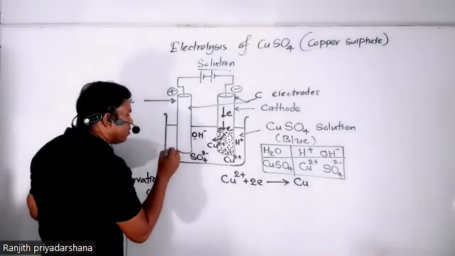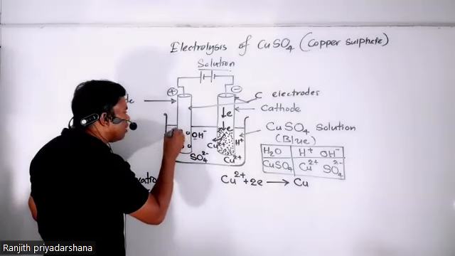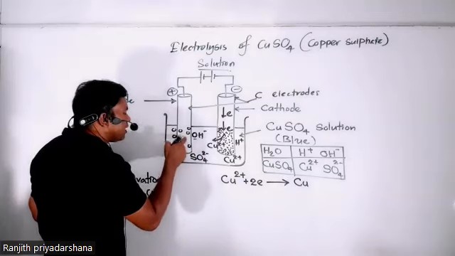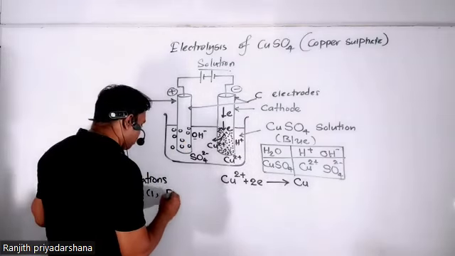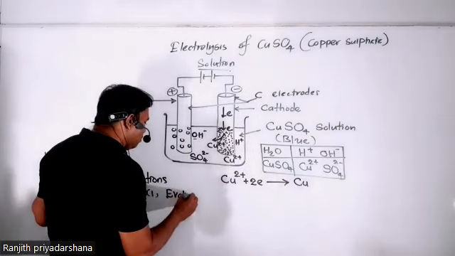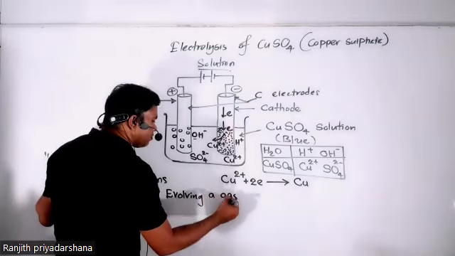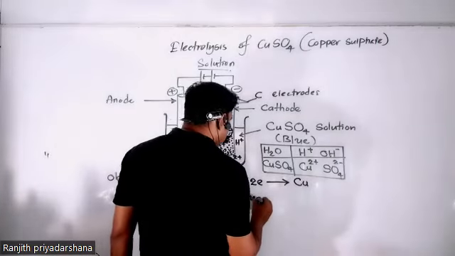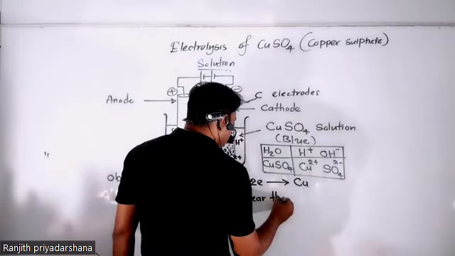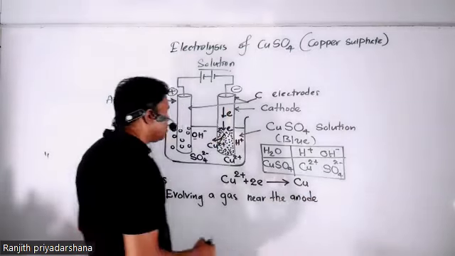It consists of oxygen, and as in earlier cases, it starts to evolve a gas. Actually, that gas is nothing but oxygen, right? A gas evolving near the anode. Learn this properly.